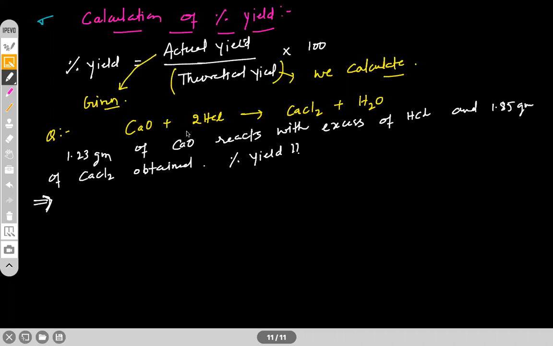Number of moles of CaO is what? Excess of HCl is given, so there's no point of talking about CaO here as the limiting reagent.